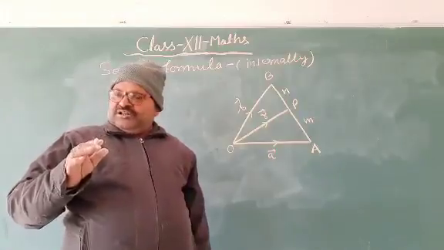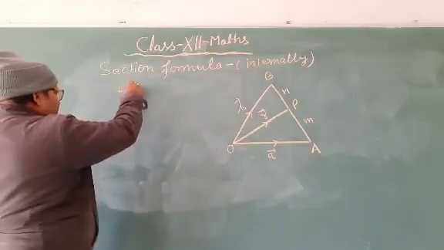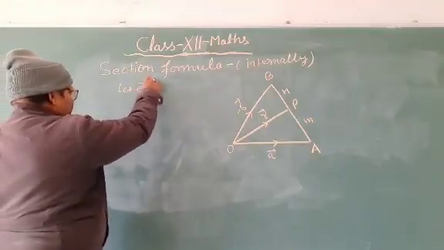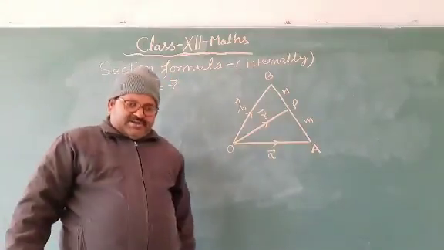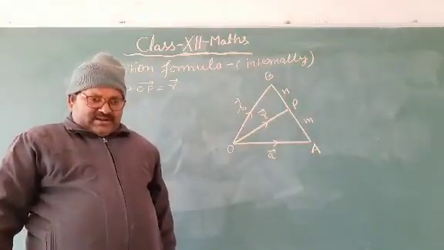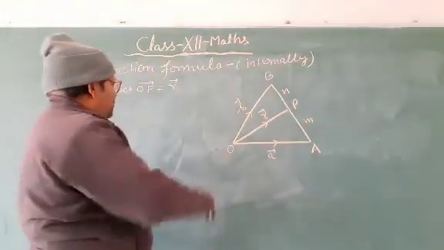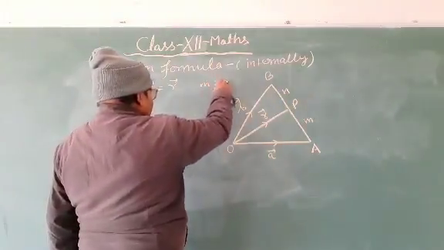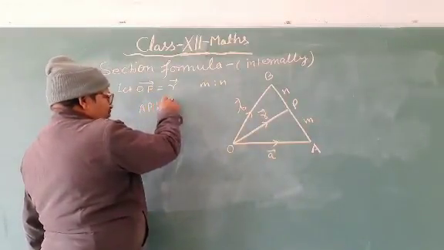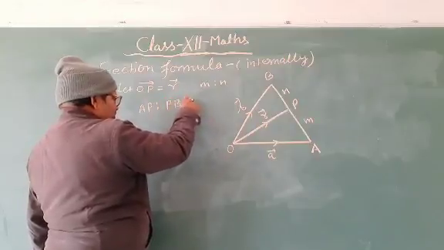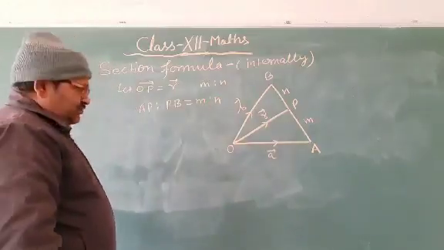Now let vector OP equal vector R, and P divides AB in the ratio m to n. So AP to PB equals m to n.